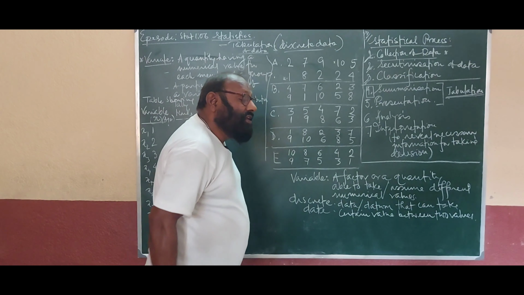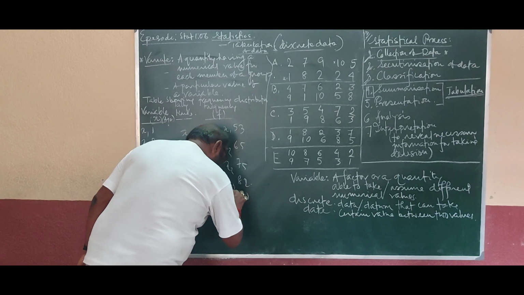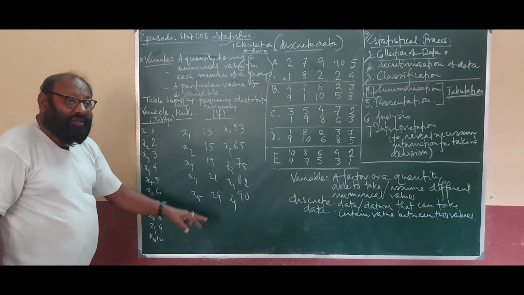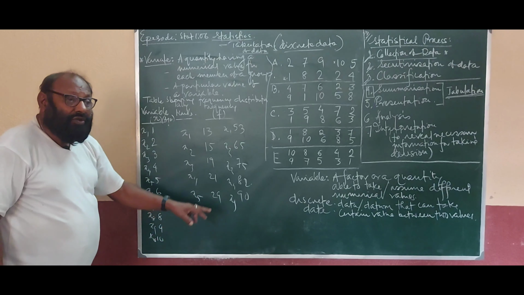In that case it will be x1, x2, x3, x4 and x5. In this way we number the variable.